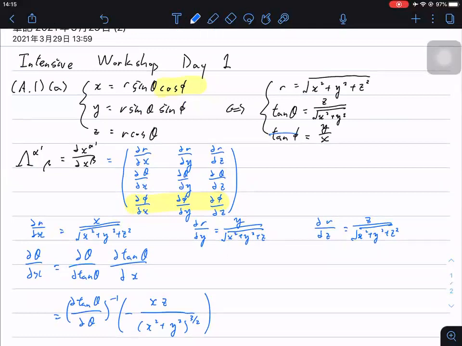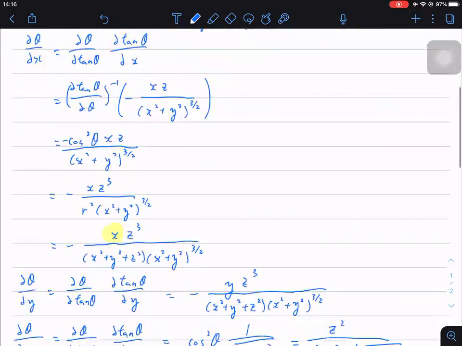Well, actually we can make use of this one. For cosine phi equals x over, well, because when we have tangent phi equals y over x, we can write down the sine phi and cosine phi here.